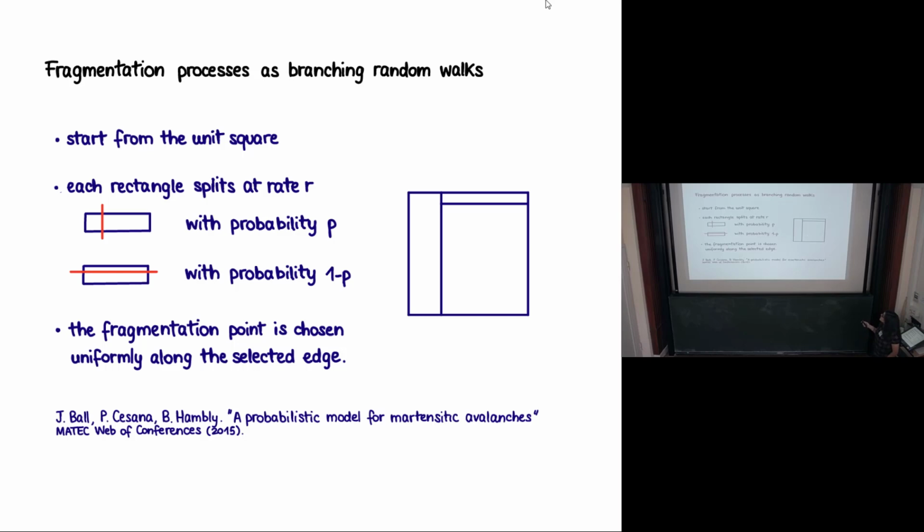The important thing in the model is that this crack only propagates until it hits the boundary of the parent rectangle. So when you look at the behavior within a rectangle, it is independent of what happens on the outside. This will be important to give the branching property when you define an analogous branching random walk.